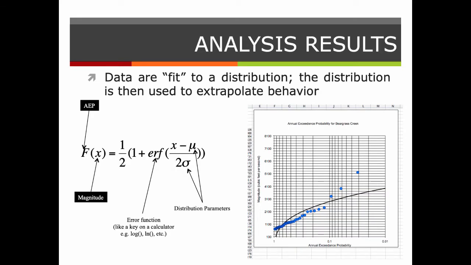So observation data are fit to some distribution, and then the result of that fitted distribution is used to extrapolate behavior. So consider this example here, and we're actually going to examine these in more detail shortly. So the blue markers represent observations.